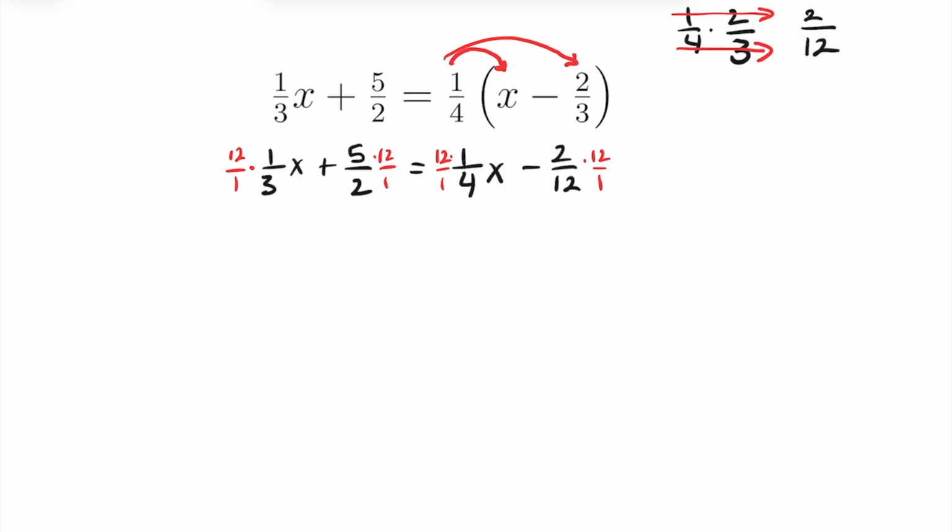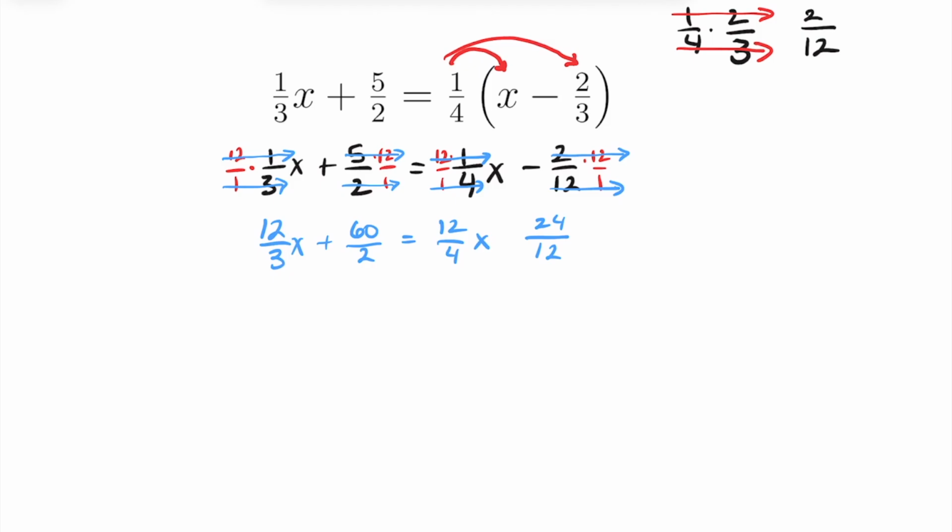You can multiply straight across the top and get 12 over 3 x, and then over here I get 5 times 12 is 60, and then 2 times 1 is 2. I have 12 times 1 is 12, and 1 times 4 is 4. And then here on the end I have 12 times 2 is 24, and 12 times 1 is 12.